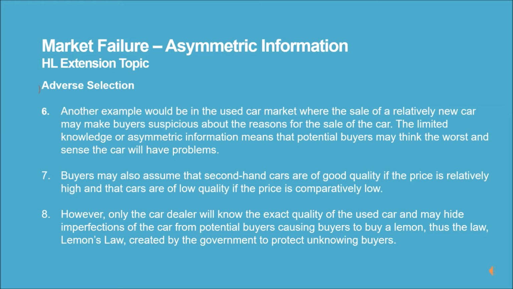Buyers may also assume that second-hand cars are of good quality if the price is relatively high, and that cars are of low quality if the price is comparatively low. 8. However, only the car dealer will know the exact quality of the used car and may hide imperfections of the car from potential buyers, causing buyers to buy a lemon. Thus the law, Lemon's Law, was created by the government to protect unknowing buyers.